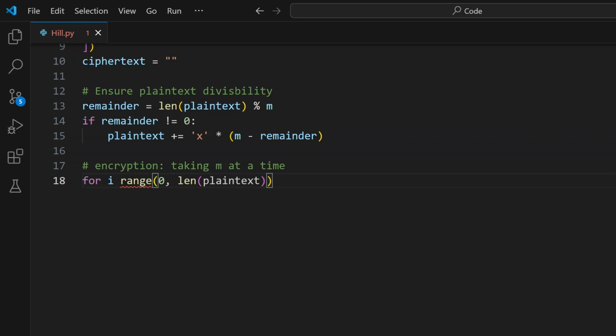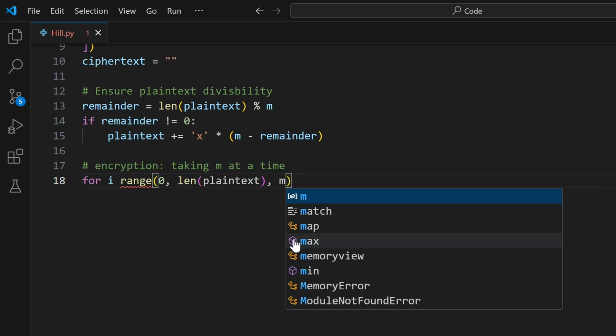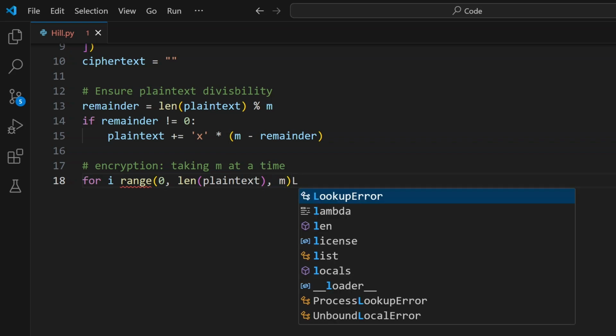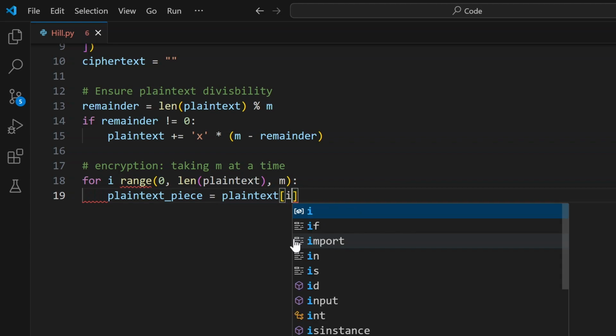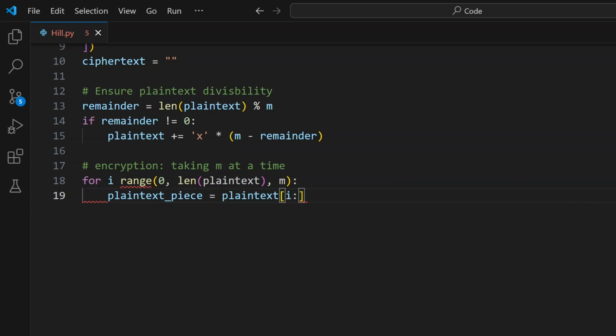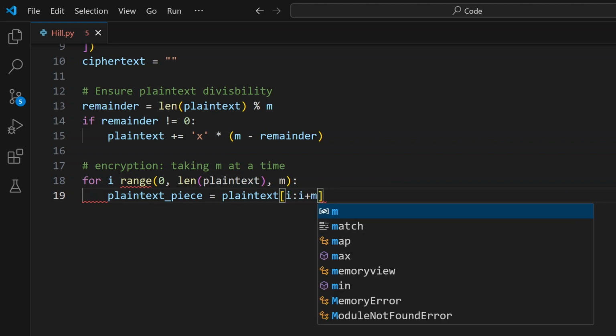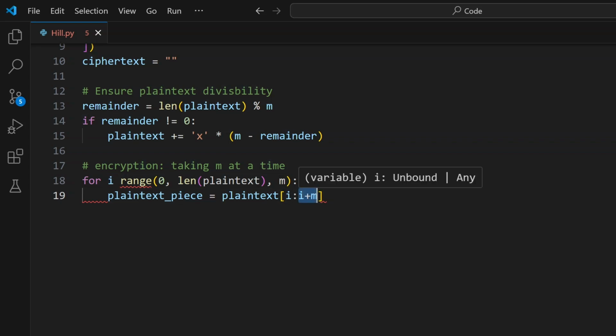Okay, so from 0 to the length of our plain text, skipping m, we are going to take a piece out of our plain text. We're going to call this plain text piece, and that piece would be the plain text from wherever we are, i, to i plus m. The last one here is excluded.